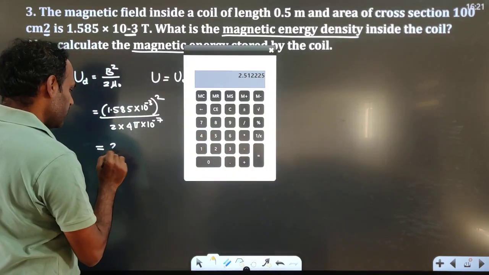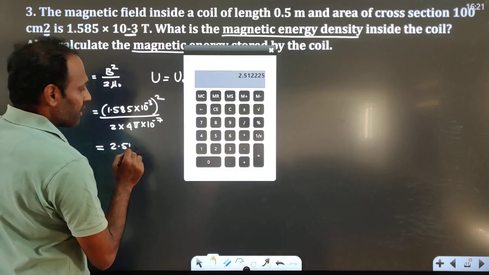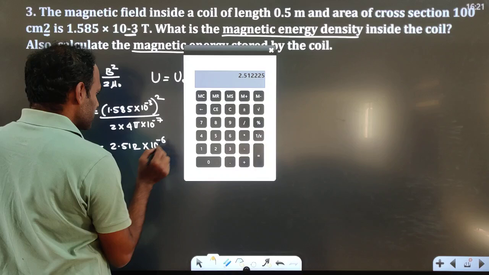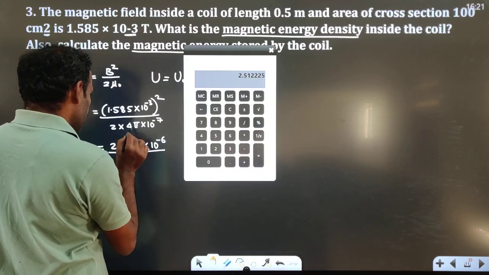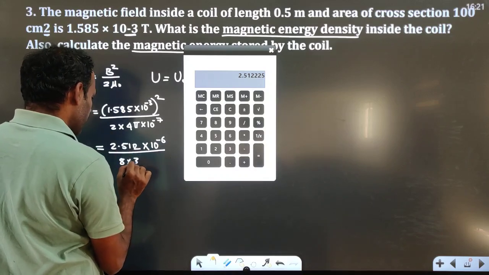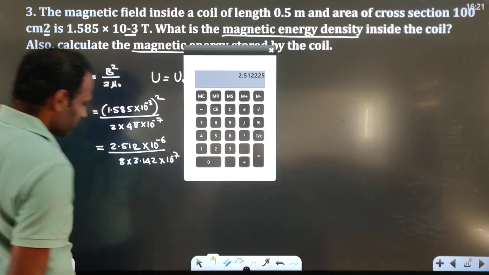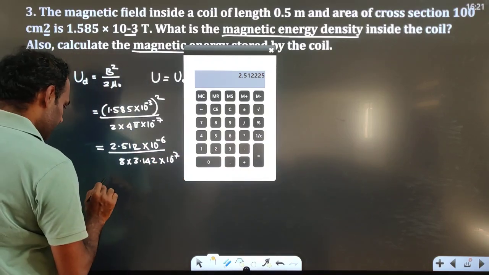Squaring that, I will get 2.512, right? 2.512 into 10 to the power minus 6 divided by 2 4s are 8, 8 into 3.142 into 10 to the power minus 7. Okay, so we will write it like this now.